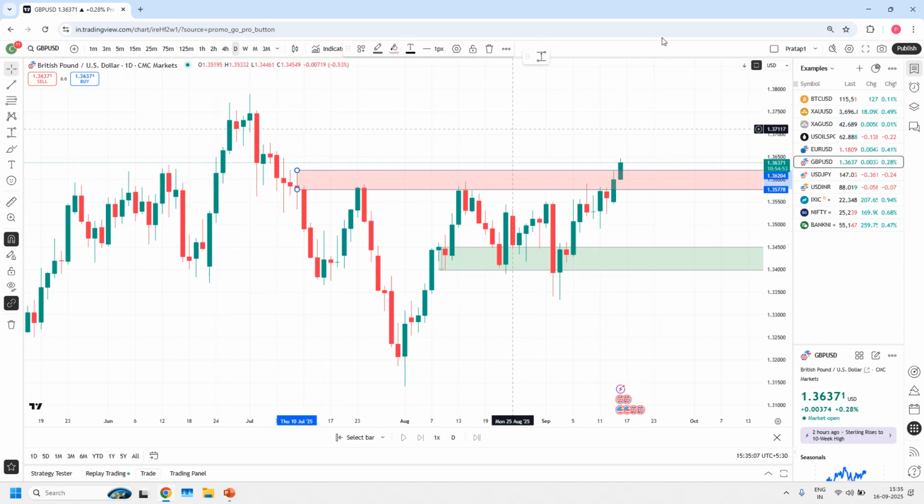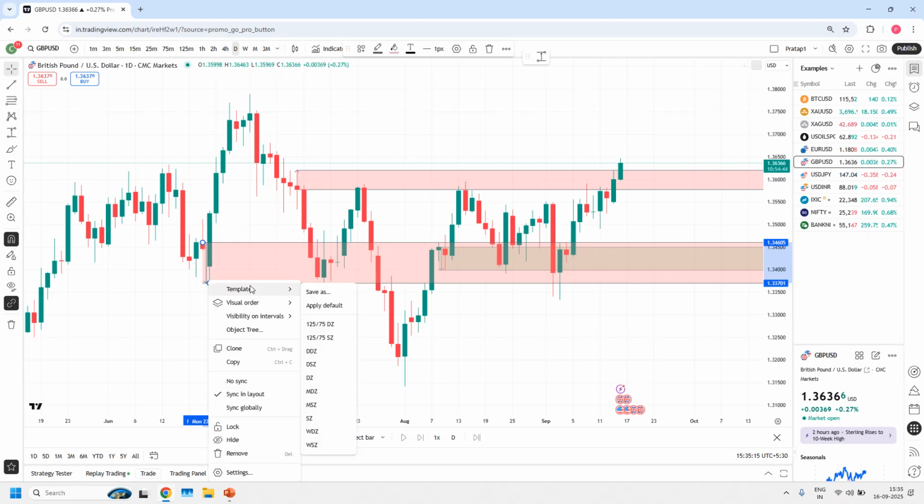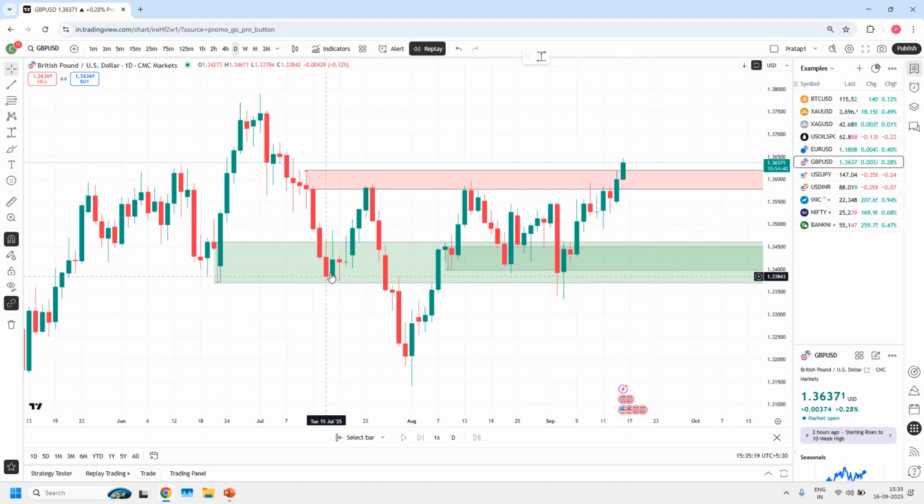See here. This demand zone is slightly pierced here. The moment it is pierced, this supply zone is responsible for this complete order flow execution. All the orders are executed.